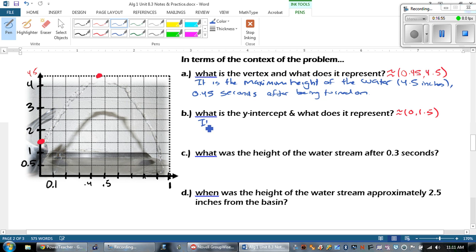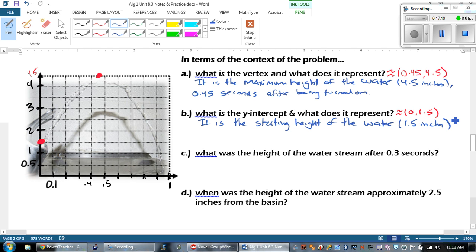So it is the starting height of the water. And if you want to say 1.5 inches, that's completely fine.